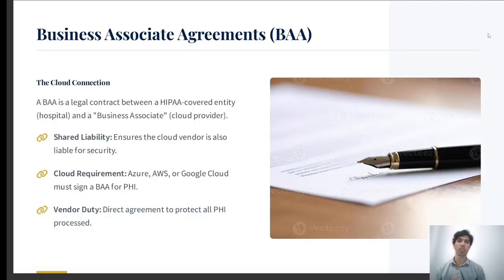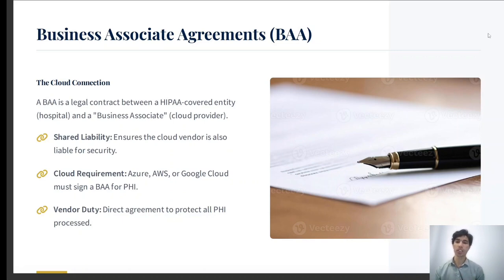When a hospital is moving its data from on premises to a cloud server, there is a legal contract that needs to be signed between the HIPAA covered entity, which is the hospital, and the business associate, which is basically the cloud provider like AWS, Azure, or Google Cloud, etc. This legal contract is called the business associate agreement, and it includes, but is not limited to, shared liability to ensure that the cloud vendor like AWS is also liable for security as well as the organization.